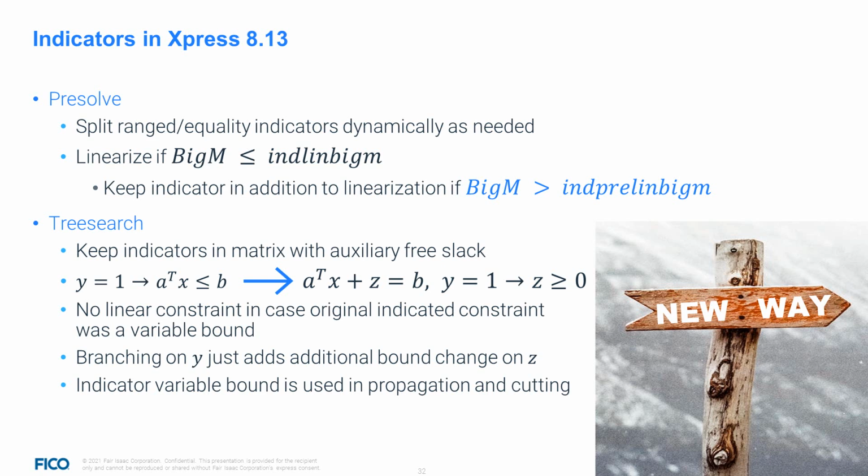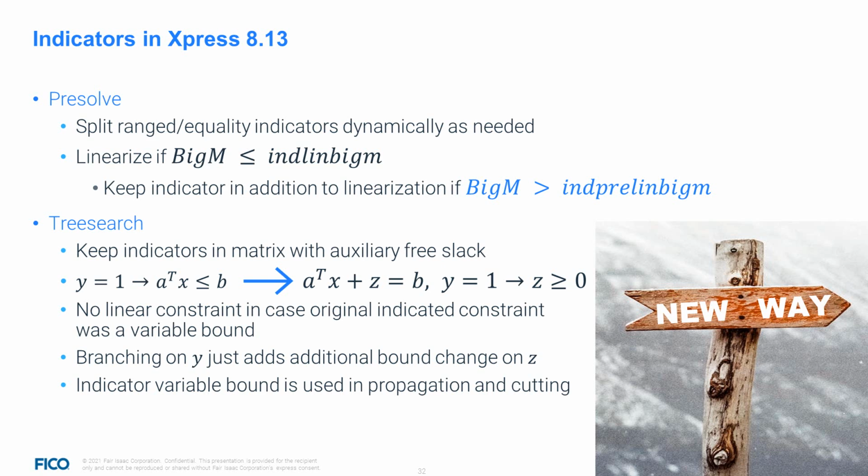And in the particular case in which the indicated constraint contains only a single variable, we do not need to add any linear constraint, but simply impose a bound on this variable. Every time the indicator variable is fixed to 1, while branching, as well as while performing bound propagation, we only need to remember to set a bound on the slack variable of the corresponding indicator constraint.